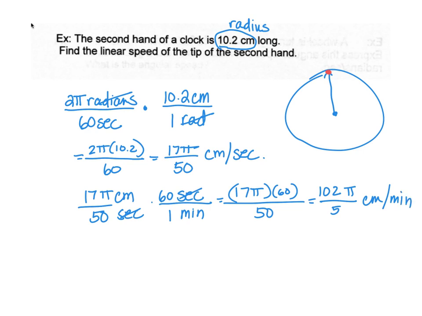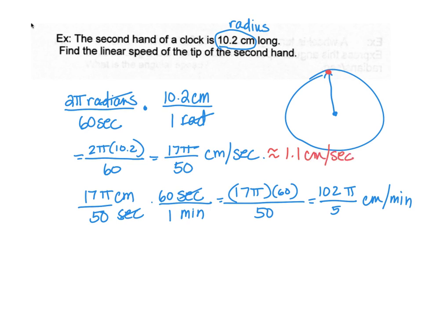If you want approximate answers, you take each of these and you multiply through by pi. 17 pi divided by 50 gives you approximately 1.1 centimeters per second.